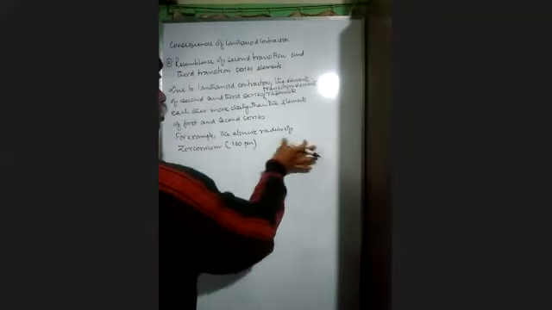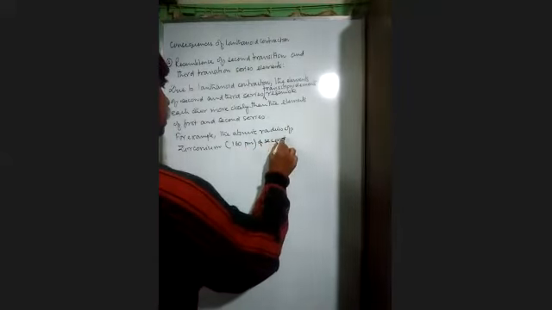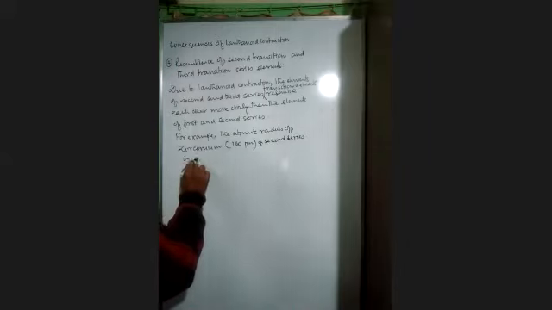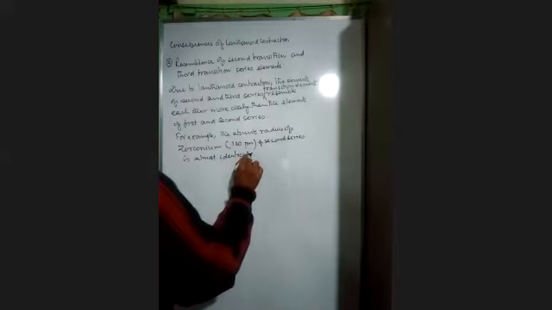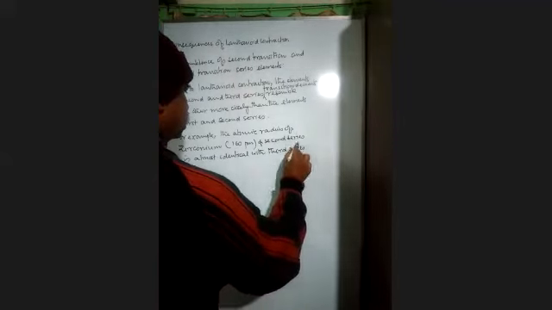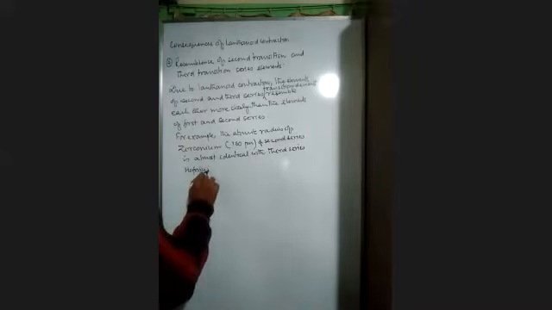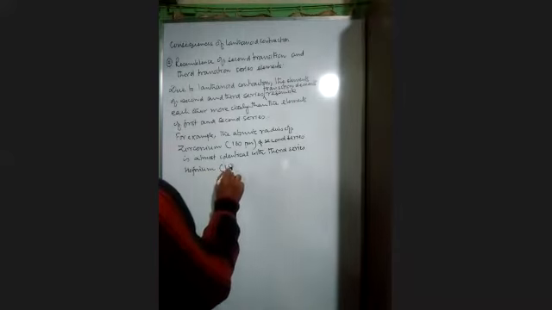We'll write: atomic radius of zirconium of second series is almost identical with third series hafnium. And this is 159 picometer.